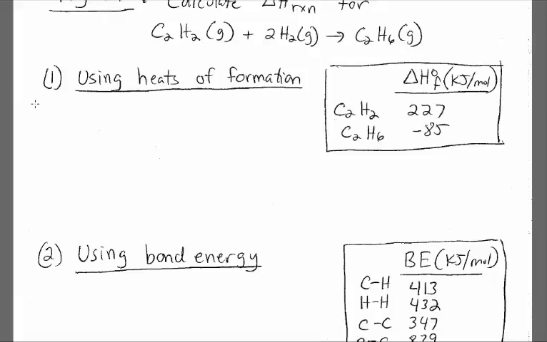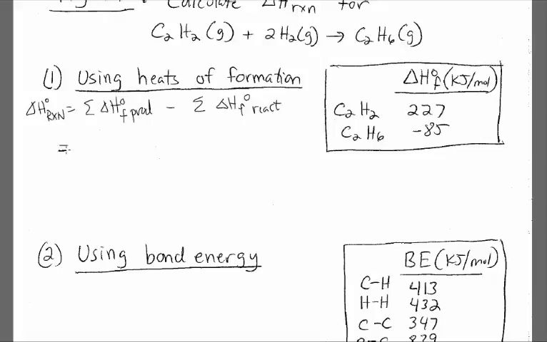All right, so heats of formation, I'm going to go back and review. Heats of formation, calculate heat of reaction by taking the sum of the heats of formation of the products minus the sum of the heats of formation of the reactants, and they each get multiplied by the right coefficients.